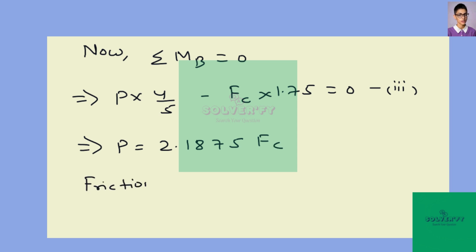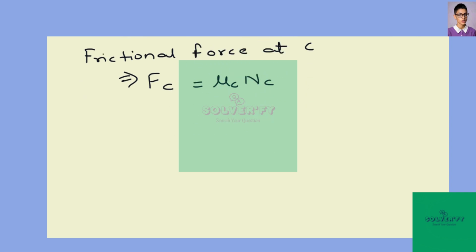So P is equal to 2.1875 FC. Frictional force at C is FC is equal to mu C NC. Now we will write FC is equal to 0.2 Nc. That will be our equation 4.